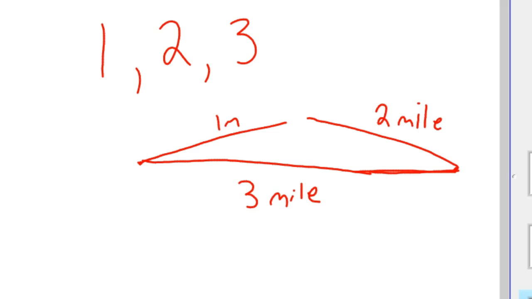As you swing these down to meet, they end up meeting right on the line itself, because 1 plus 2 equals 3. So 1 mile here plus 2 miles here equals 3 miles here. So you end up with a straight line. They do not form a triangle. So that's kind of a trick question for you. That one's not a triangle. And something to look out for is the triangle inequality theorem.